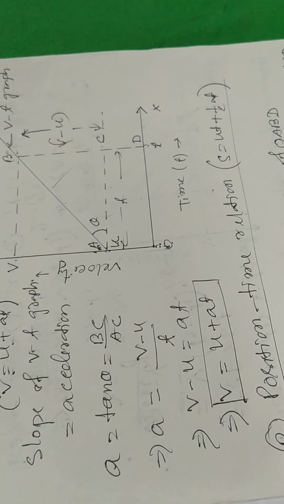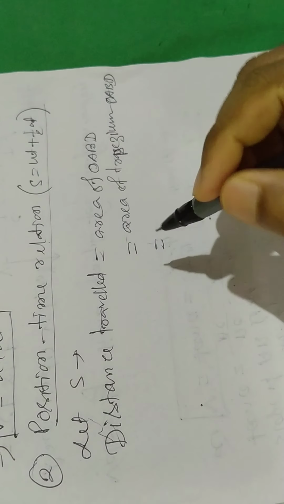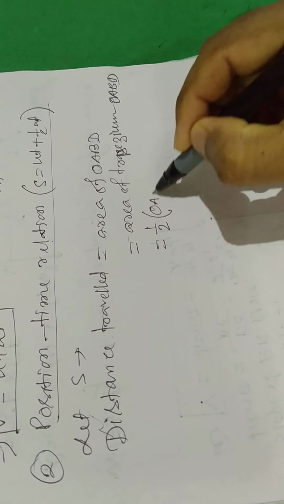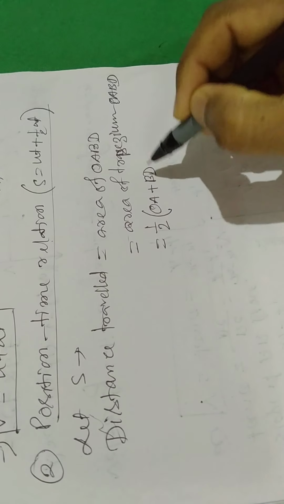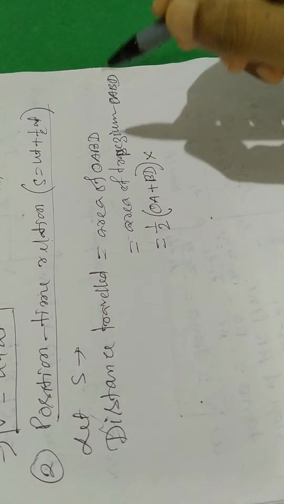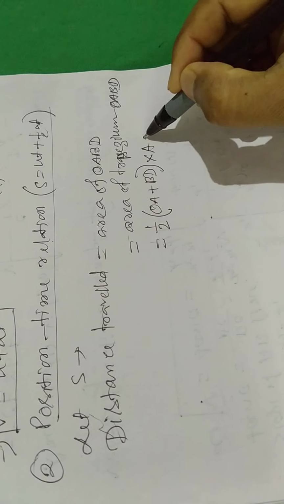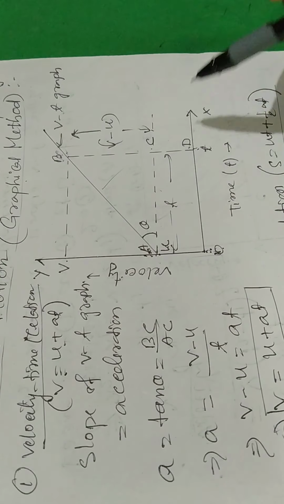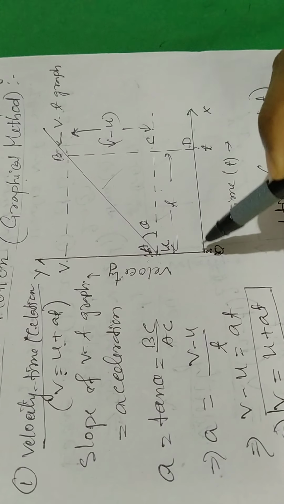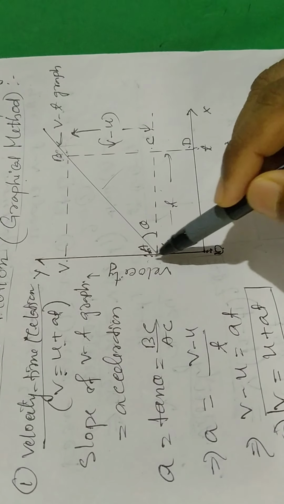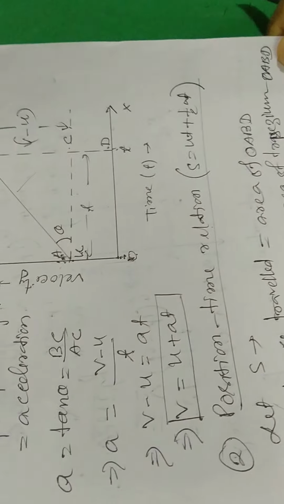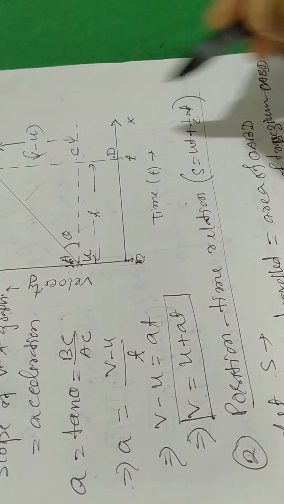So half, the parallel sides are OA plus BD, and the distance between the two parallel sides is AC. You see, the parallel sides are OA and BD. Half into OA plus BD into the distance between the parallel sides AC.